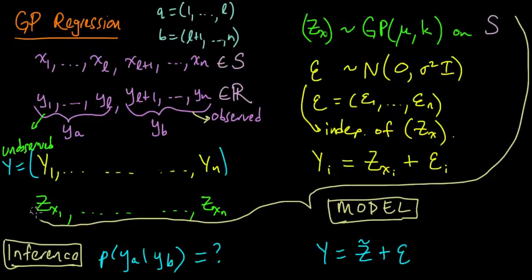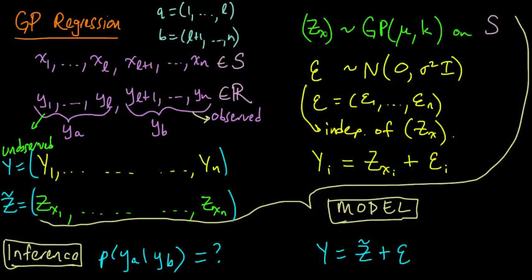Let's call this z tilde, so we don't get confused by thinking that it's our Gaussian process. So z tilde is just this vector of random variables, the finite dimensional distribution of the Gaussian process, this vector at these finitely many points. And so we have this.